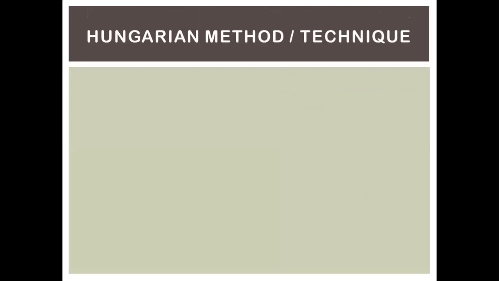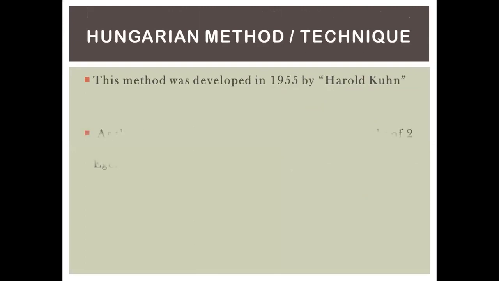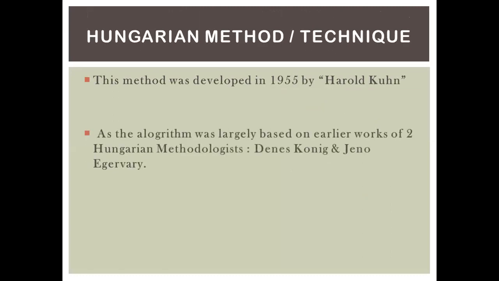Now class, why is the name given so? This method was developed in 1955 by Harold Kuhn. The algorithm was largely based on earlier works of two Hungarian mathematicians, Denes Konig and Jeno Egervary.